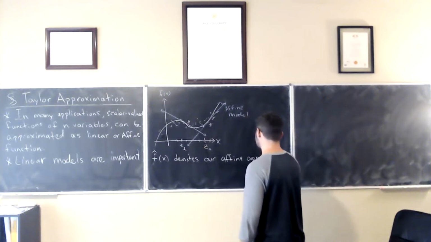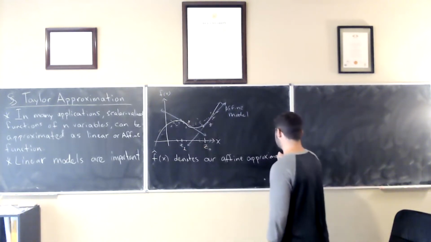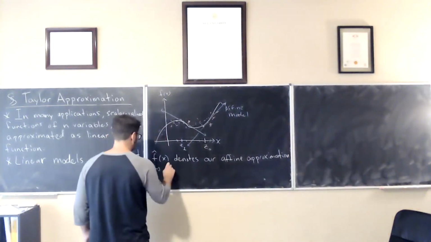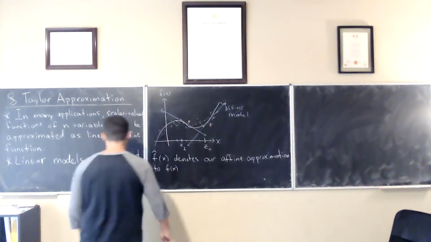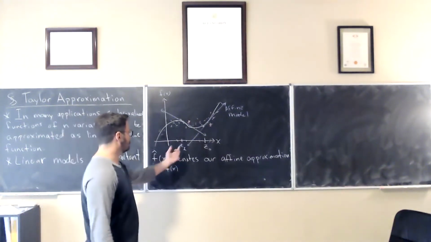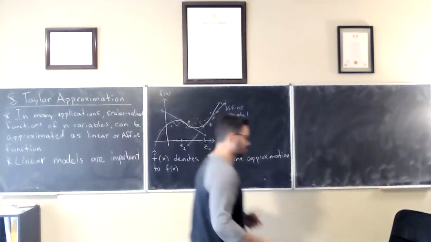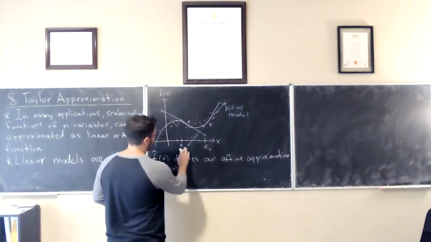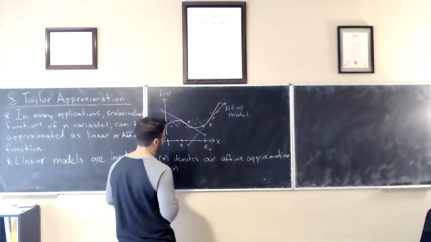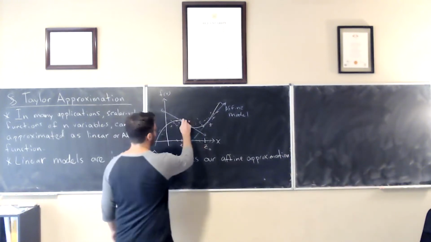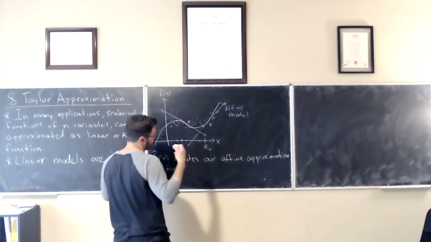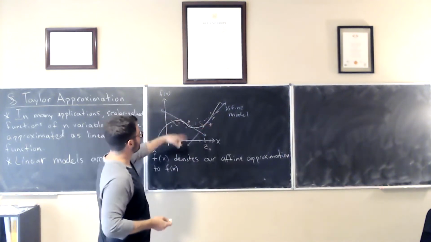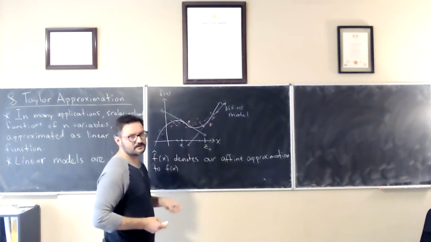We're just going to use that notation. We want that to be close to the function around a given point that we put in. For now, let's focus on this z right there, just to make life a little bit easier. There's one thing that we really want: we want the function and the model to match up at z.